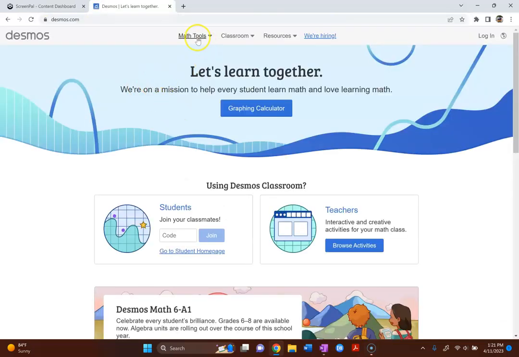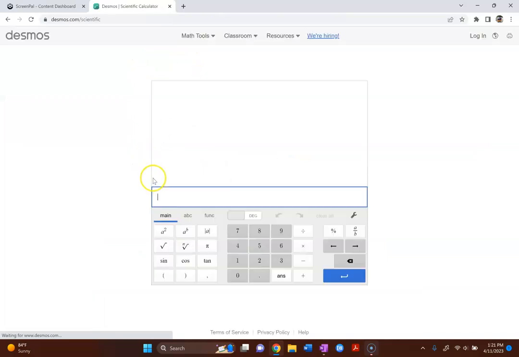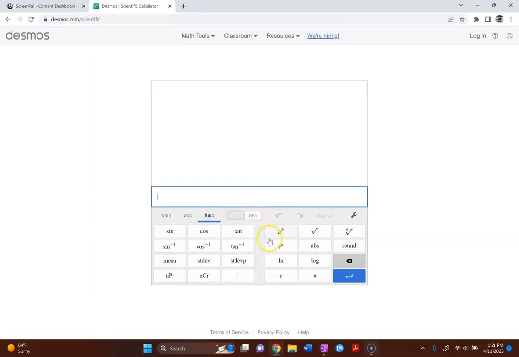Let's go to our scientific calculator. I'm going to go with my functions and punch in log. See the log? There's log base 10. And there's the natural log. That's log base e. All right. So we're going to do log base 10 of 5, parenthesis. So 0.69897.